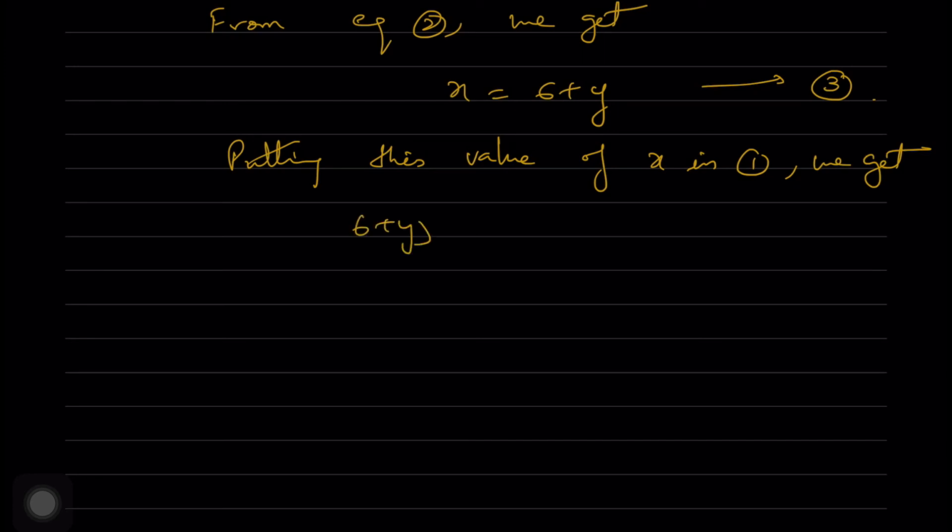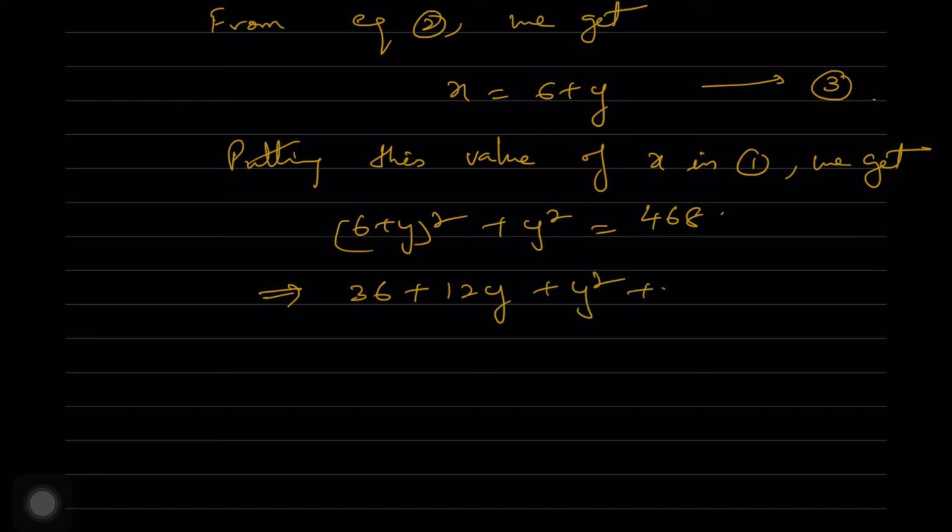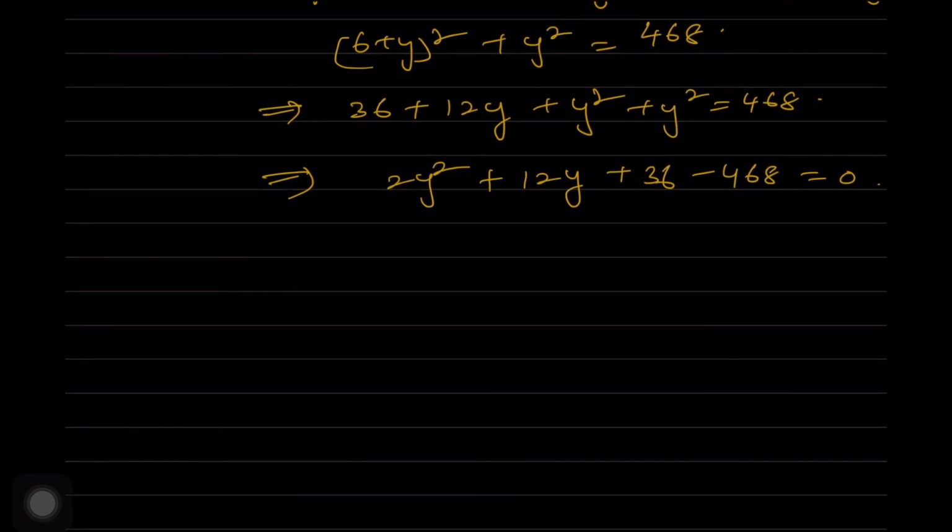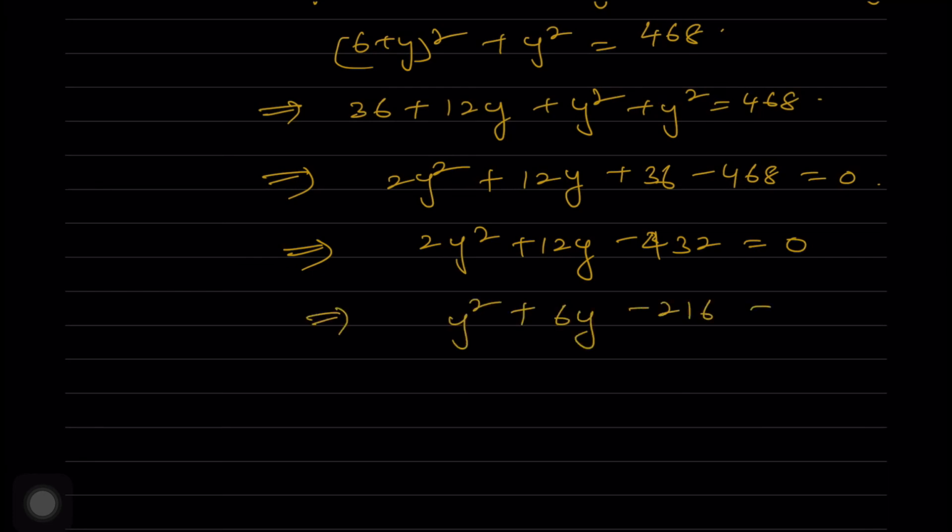we get 6 plus y whole square plus y square is equal to 468, which implies that 36 plus 12y plus y square is equal to 468, which implies 2y square plus 12y plus 36 minus 468 is equal to 0, which implies 2y square plus 12y minus 432 is equal to 0, which implies y square plus 6y minus 216 is equal to 0, which is a quadratic equation in y.